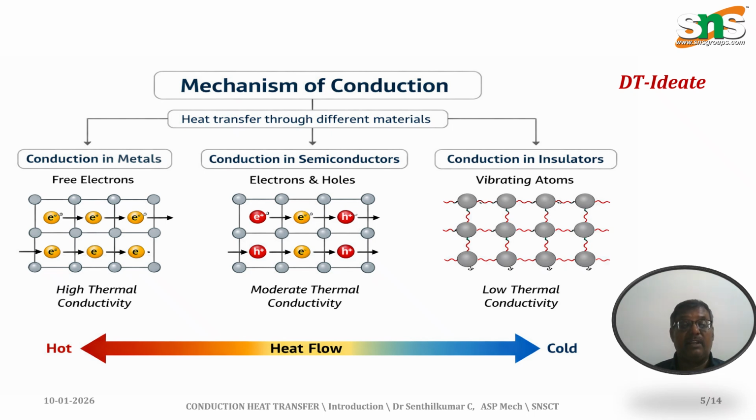Moderate thermal conductive materials are semiconductors, which have more holes and a medium number of electrons. In case of high thermal conductivity, more free electrons are there, so high thermal conductivity is achieved. Coming to the conduction insulator, which has vibrating atoms, it has less thermal conductivity. So thermal conductivity plays a vital role in conduction heat transfer.